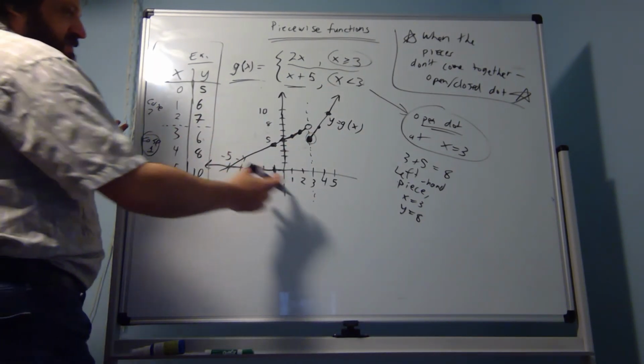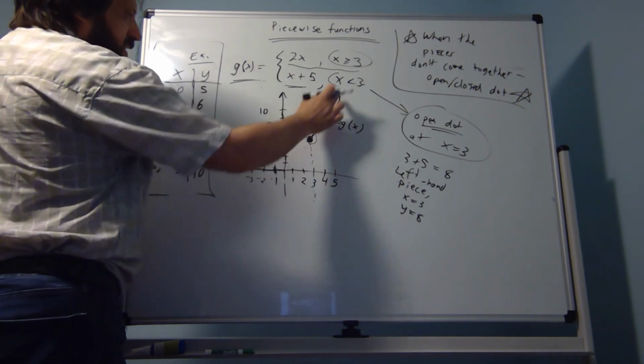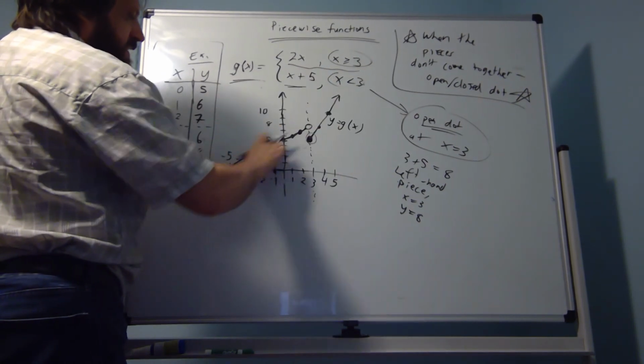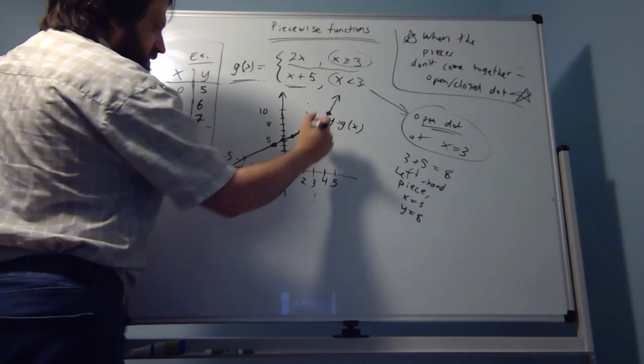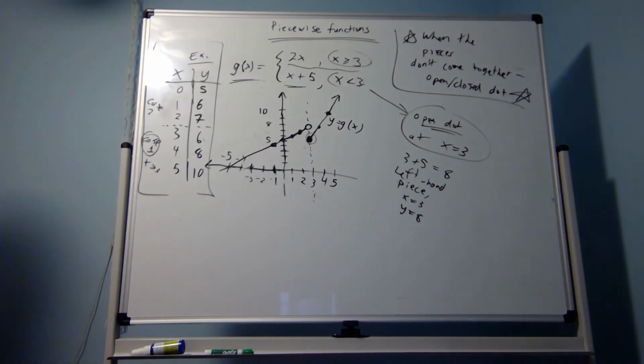But on the other piece, 3 is right on the border, and if we're on the wrong side of the border, we're following this pattern, but exactly when we get to x equals 3, we're not following that pattern anymore.